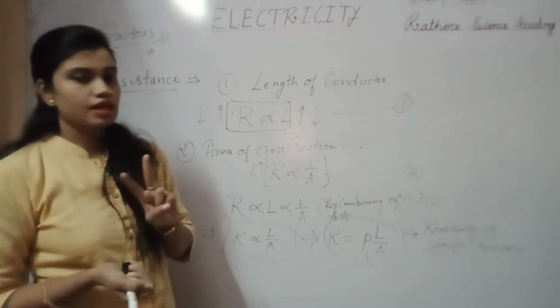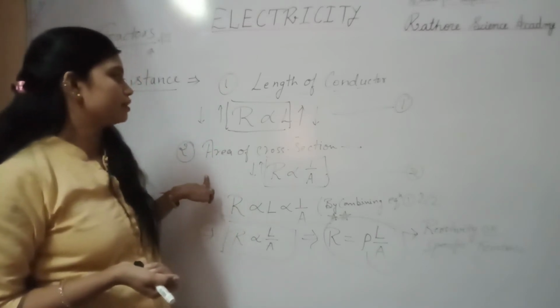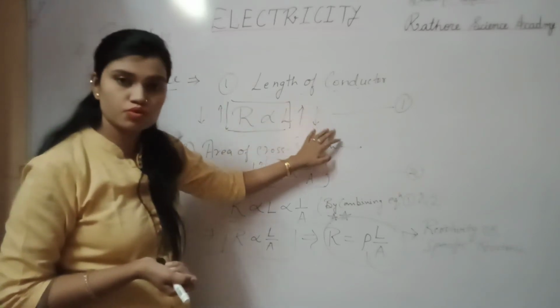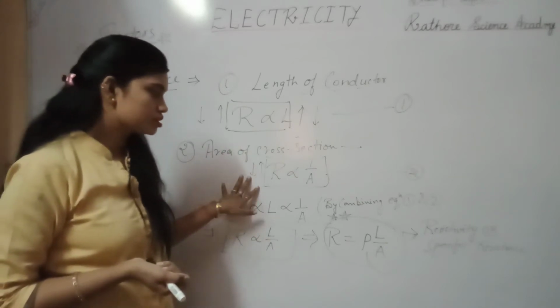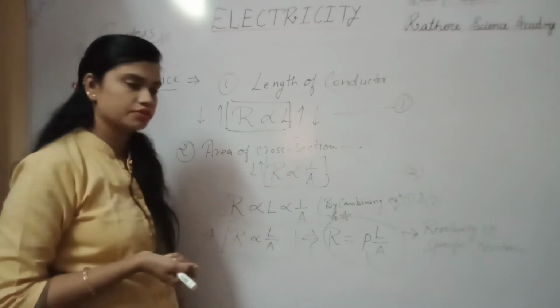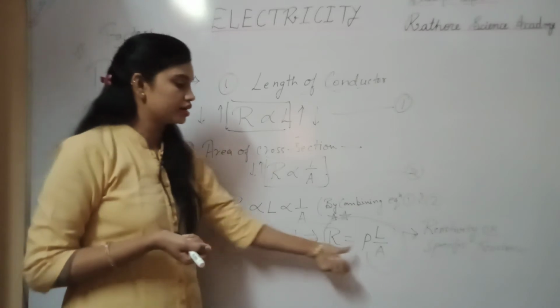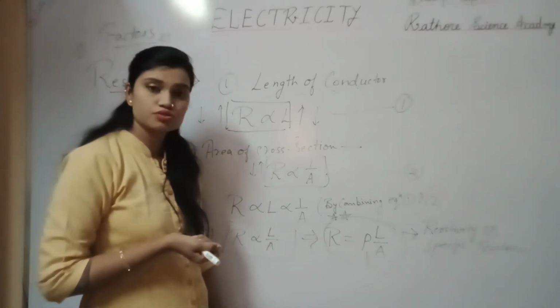Now see, we understand the factors on which the resistance of a conductor depends. One is the length of the wire, in which resistance is directly proportional to length. Second, resistance is inversely proportional to area of cross section, right? And when we remove the proportionality sign, we get the proportionality constant, which is rho.